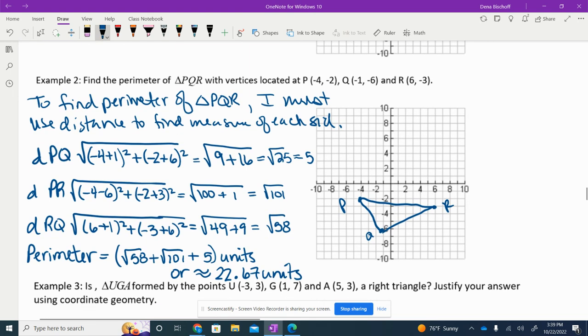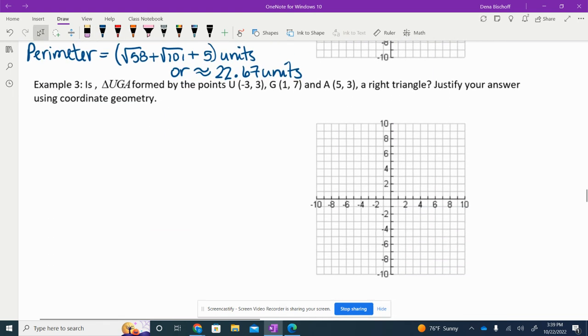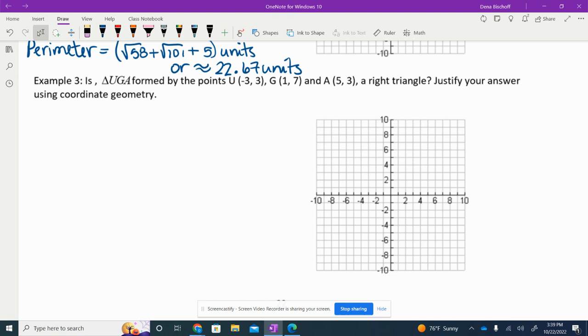Okay. Example number 3 wants me to prove that this is a right triangle. So let's see. U is the ordered pair -3, 3. G is the ordered pair 1, 7. And A is the ordered pair 5, 3. So I need to prove that this is a right triangle.